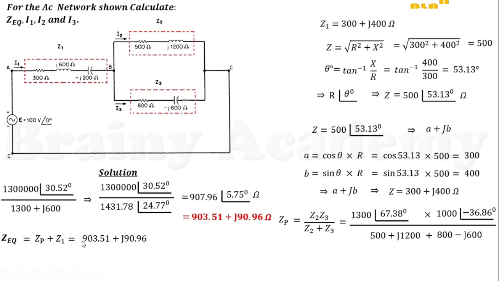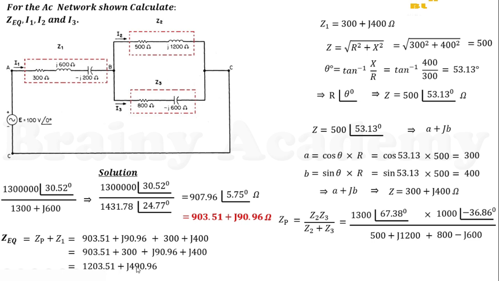ZP is 903.51 plus j90.96, plus Z1, which is 300 plus j400. That is 903.51 plus 300 plus j90.96 plus j400.